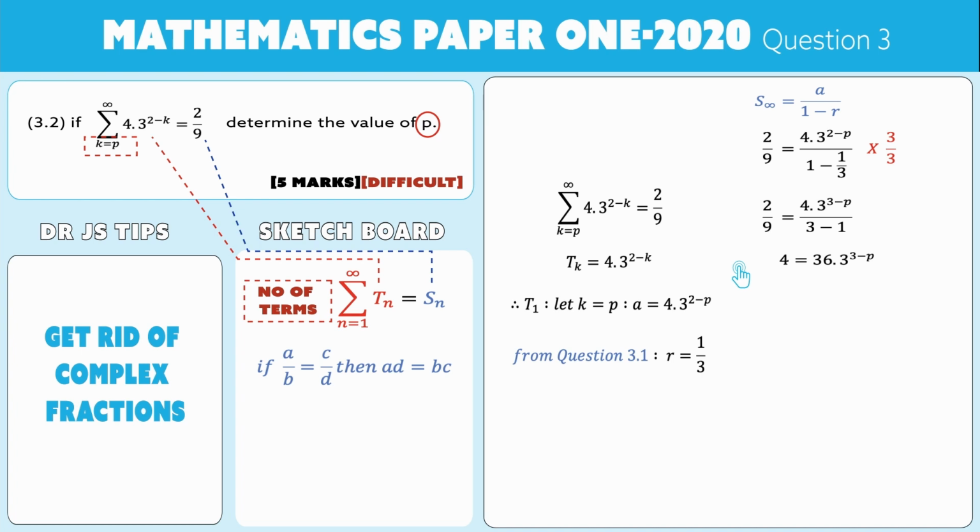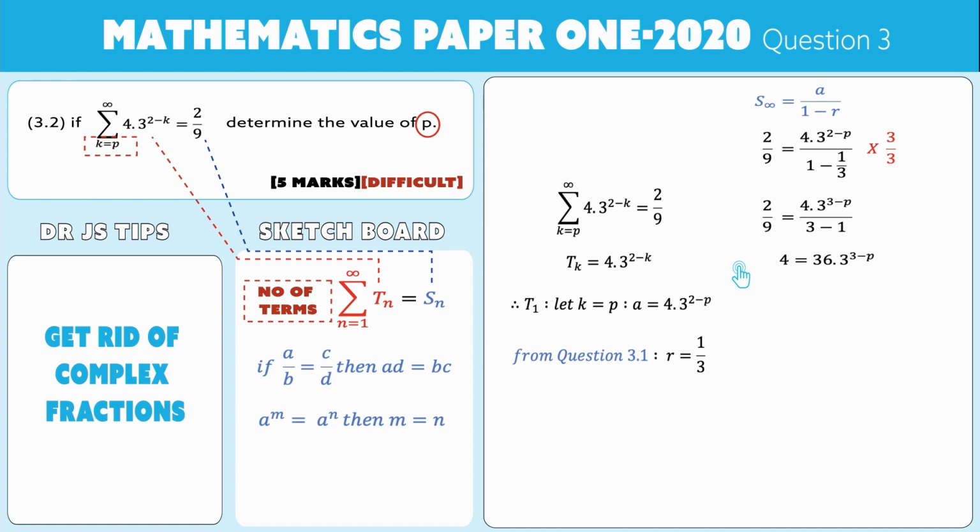Okay, now it's a case of getting those bases the same. Remember, go to your sketchboard. If we have a to the m equal to a to the n, then we can ignore these bases and work with the powers. We're not cancelling them, we are ignoring them. So we're going to try and get that done as soon as possible.